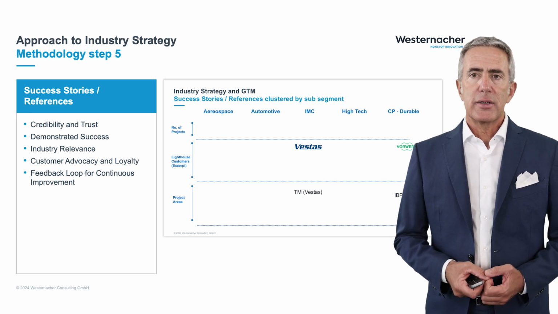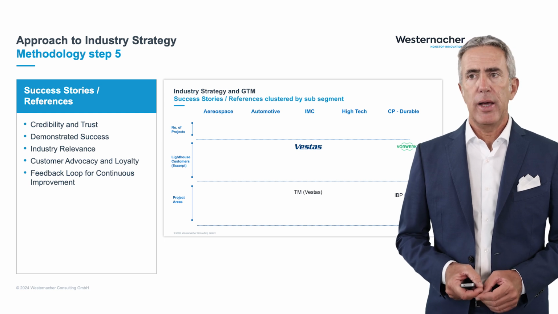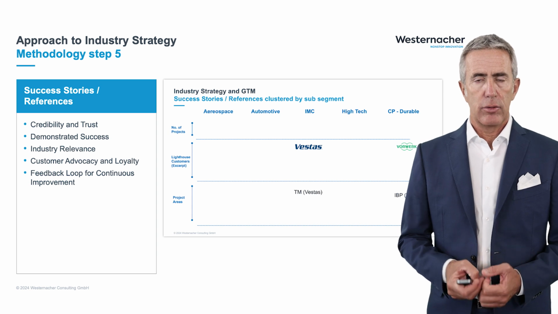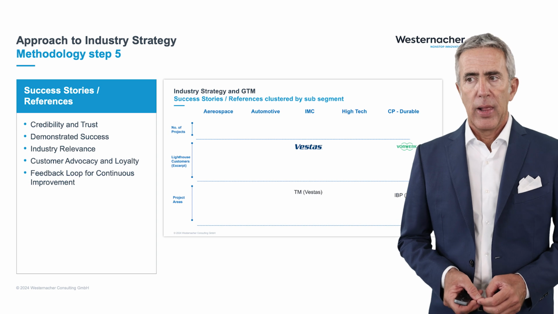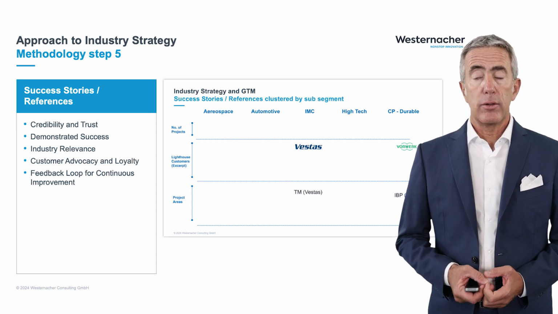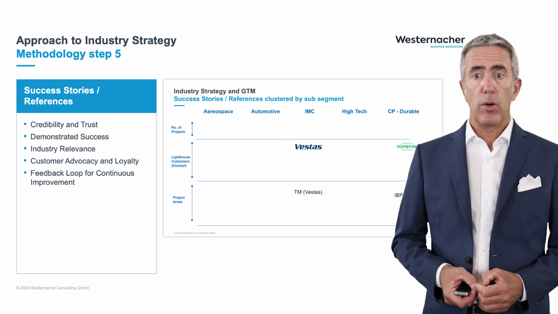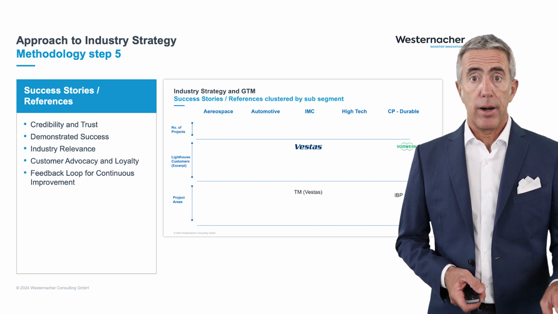In this case, we map the different customers we have in the different industries and sub-industries. In this slide, you have just a couple of examples, like Westernacher Consulting, belonging to the industrial machinery component or consumer products durable, that went through a transformation in a specific area.